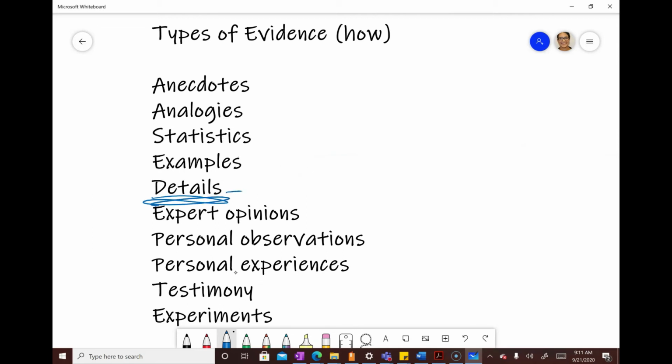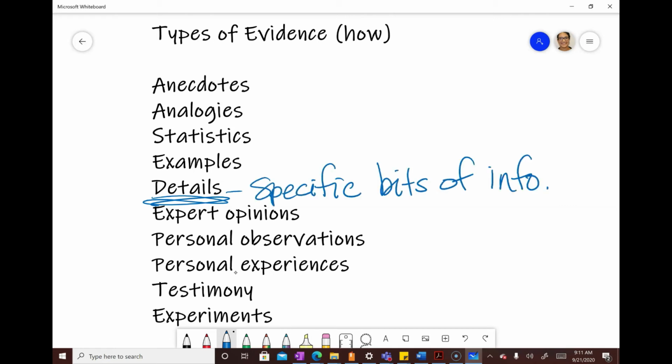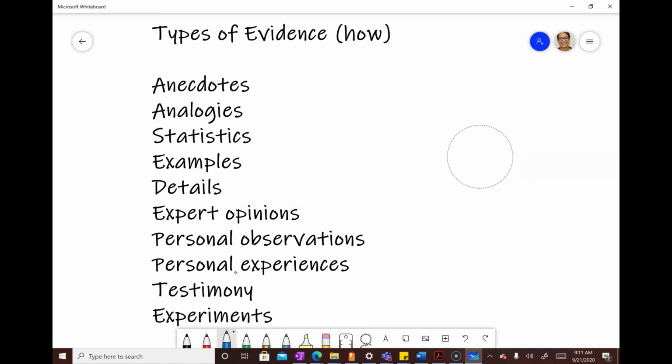Details are those specific bits of information that help us understand something a little bit more. So they are specific bits of information. And you all are used to looking at details, so I'm not going to go into very much detail regarding it, but if you do need clarification, I will make sure to provide you with that.